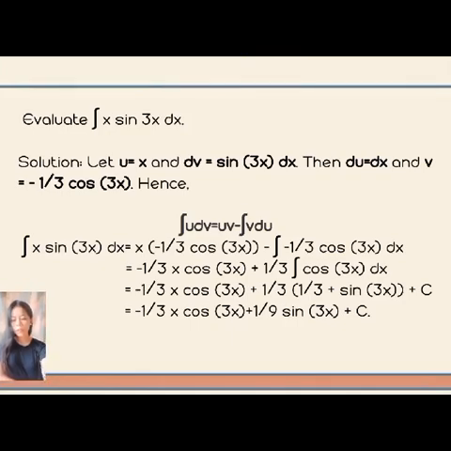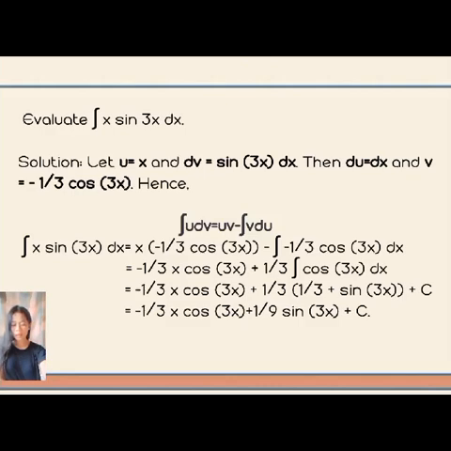So for a situation like this, we have two different types of functions being multiplied by each other, a linear function x and a trigonometric function sine 3x. When you see two different components being multiplied, we can use something called integration by parts, and the formula goes like this. The integration of u dv is equal to u times v minus the integral v du.